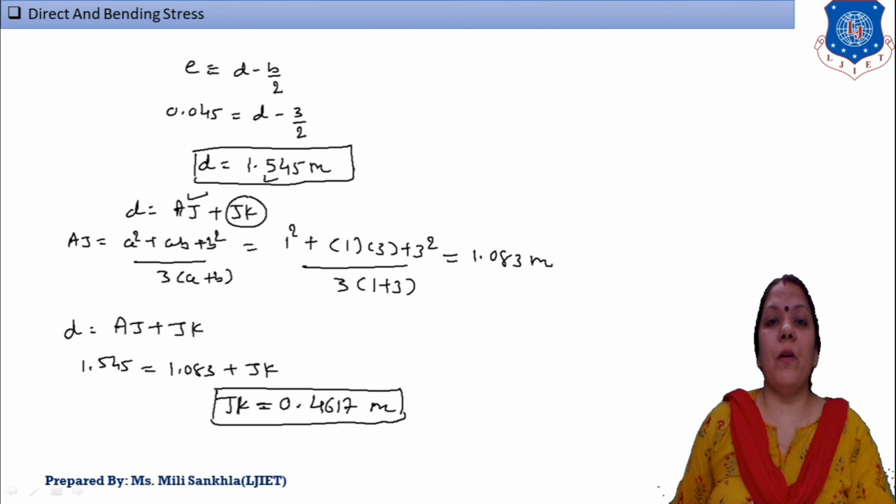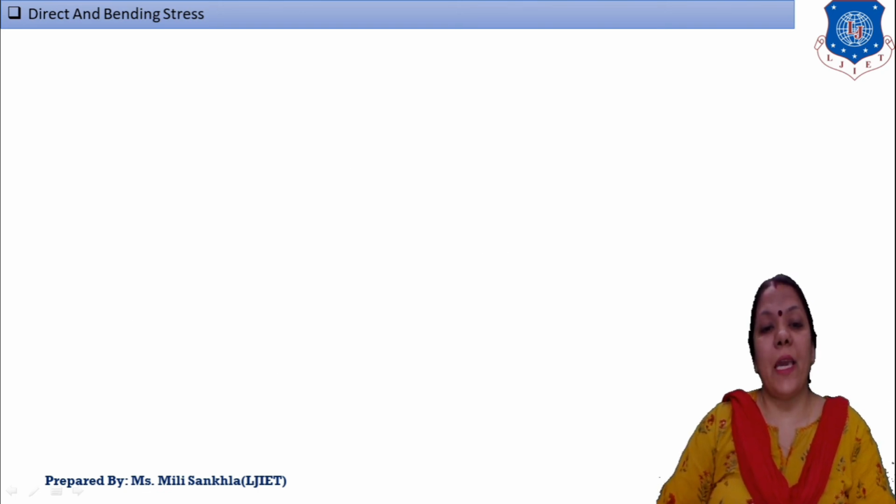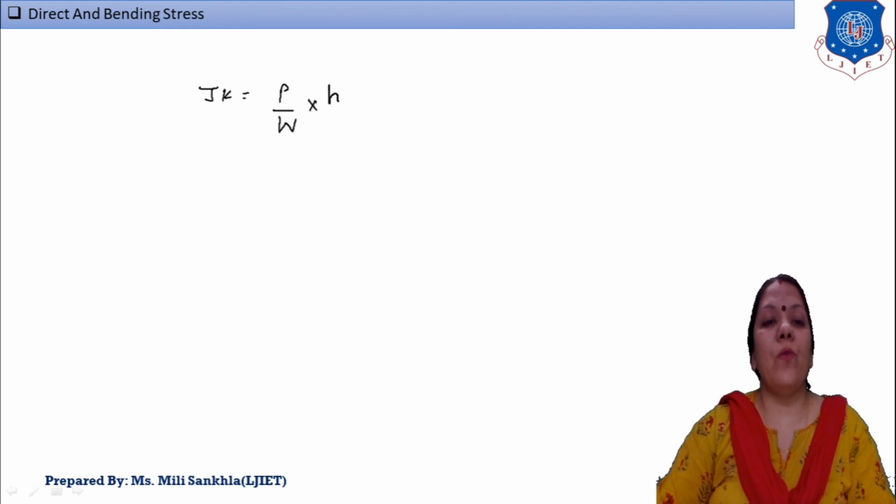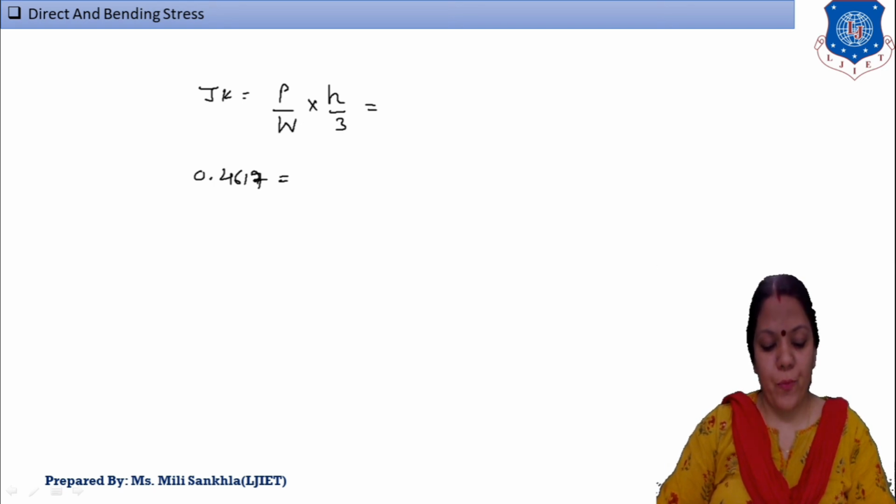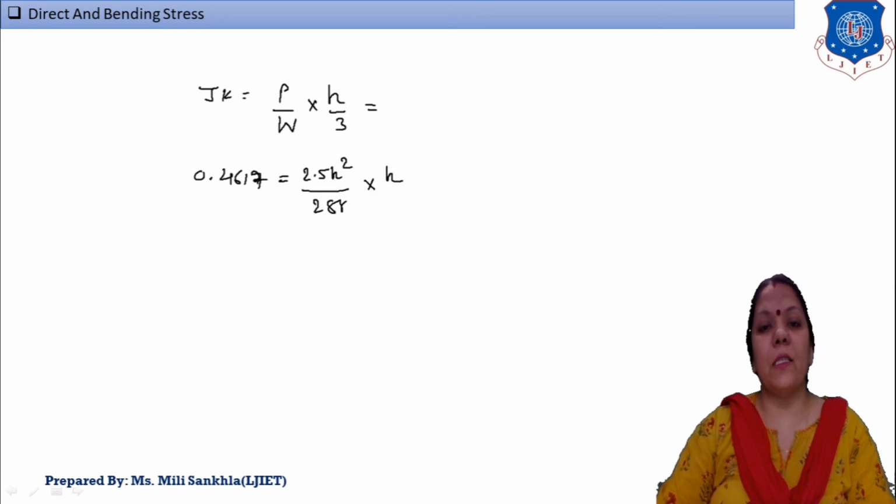Now if you remember, what is the equation of JK? Write down, JK is equal to P by W into H by 3. Now put the values. JK we found as 0.4617, and the value of P we found in form of H, 2.5 H square, and weight of wall we found 288. Okay, and here this H is unknown.